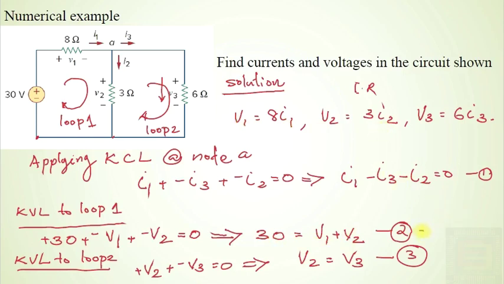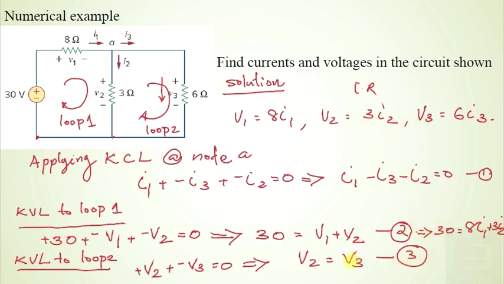So this equation can be rewritten as 30 is equal to 8I1 plus 3I2. That is, V1 plus V2 is equal to 30.